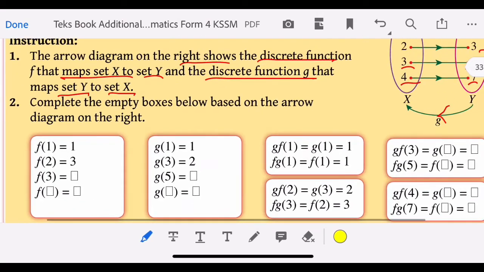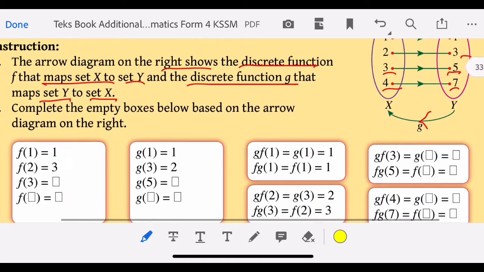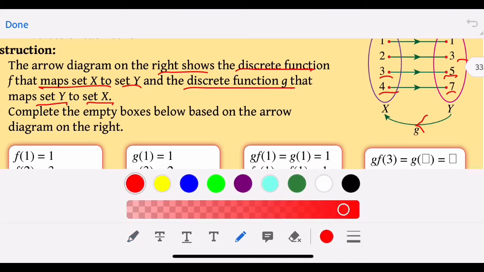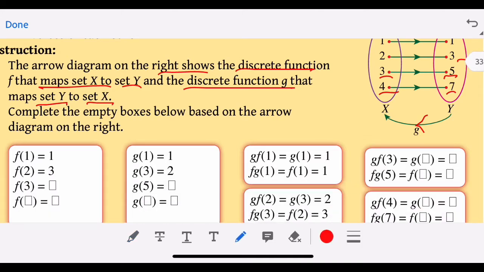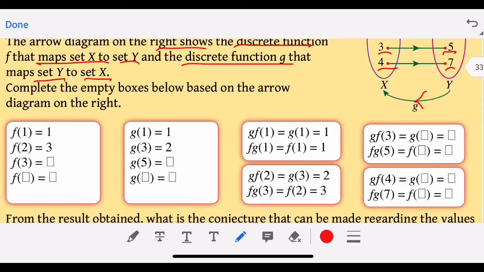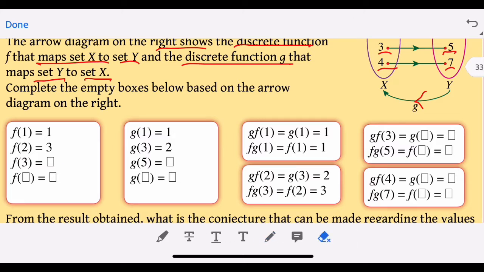So now let's complete. f(1) is 1, f(2) is 3, then f(3), if we look at that, it should be 5, right? And then f(4), we have one more, f(4) will be 7.